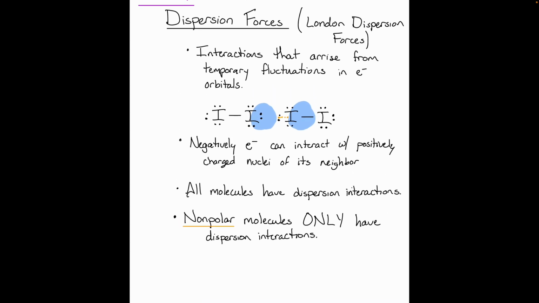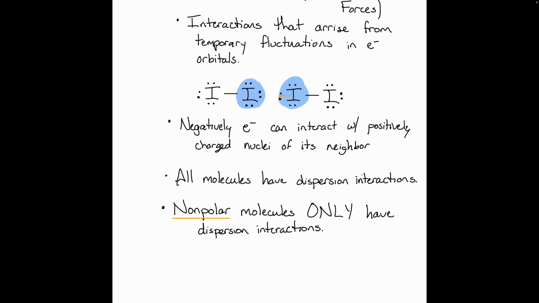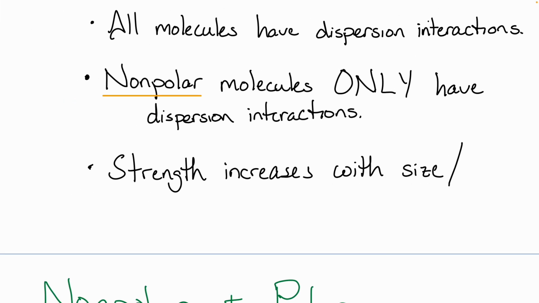Importantly, bigger molecules have more of a chance for these temporary fluctuations because there's just more surface area. So we see that the strength of these dispersion forces will increase with the size of a molecule, and specifically surface area, just areas where neighbors can interact.